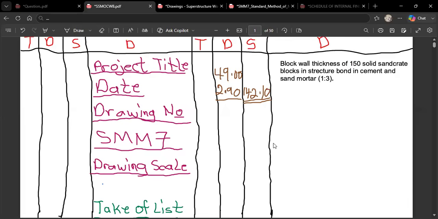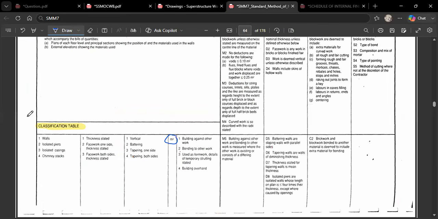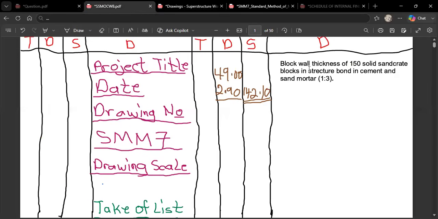So let's come here, and then we're going to do our deduction of it. This is how we're going to go about it. For the description, I took it in the assignment 7 that I just showed. So it is F10, 150 solid concrete block in stretcher bond in cement and mortar of 1:3.